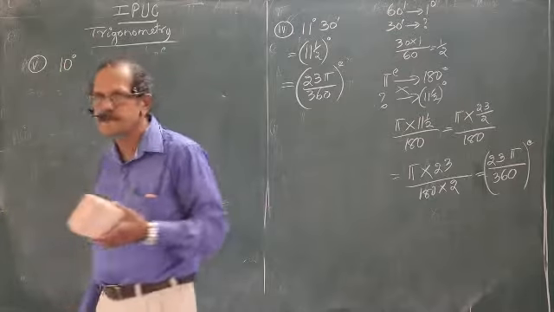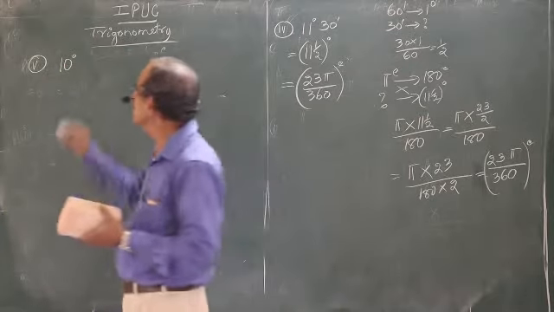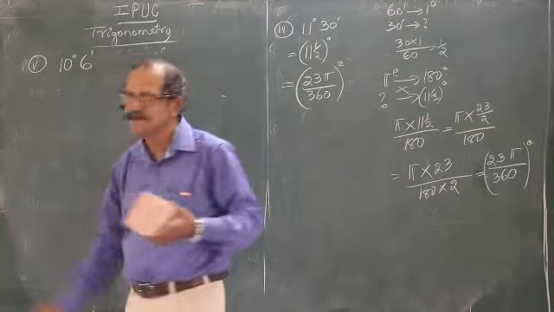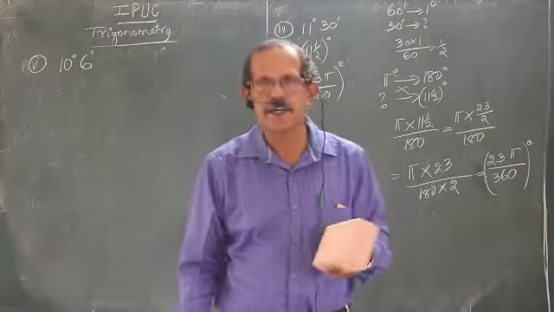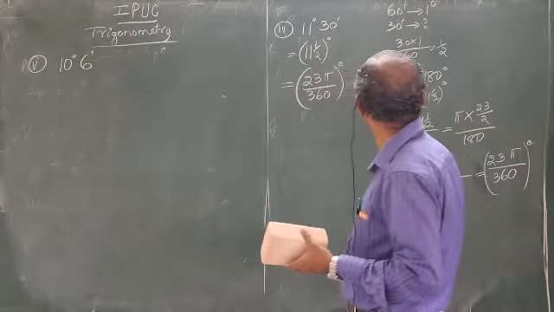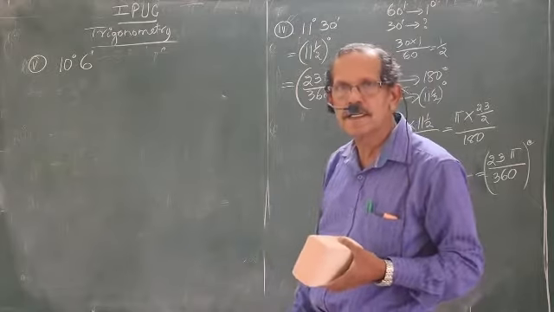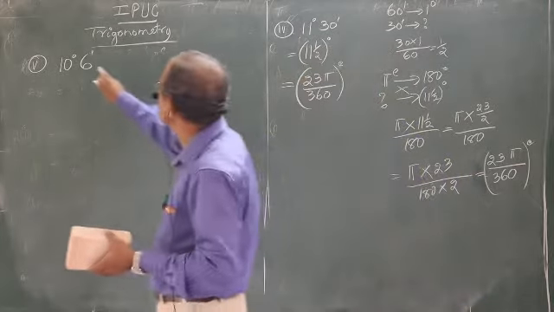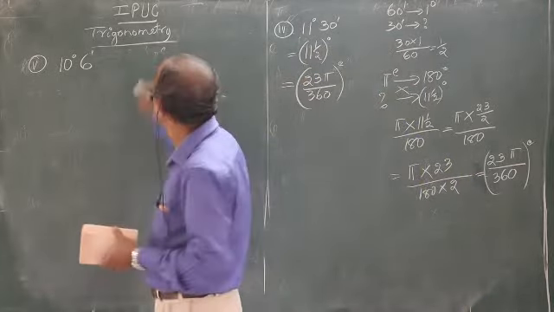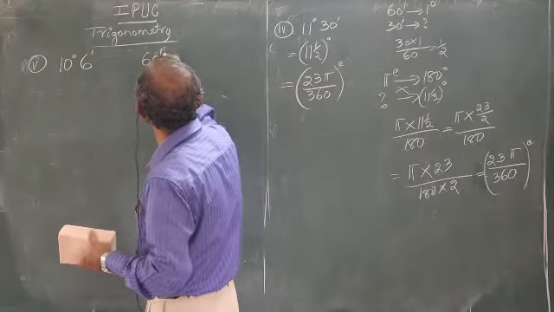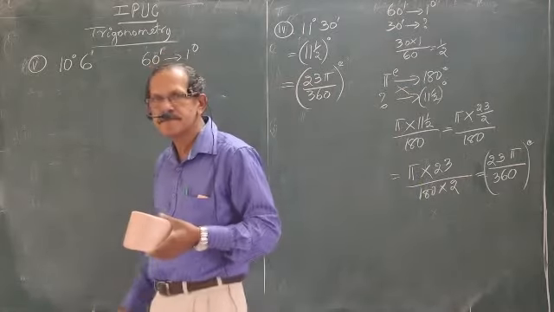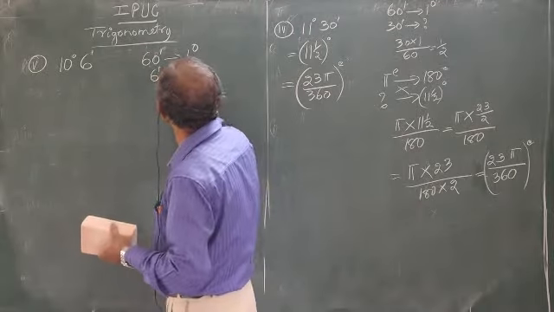10 degree 6 minutes. Need not be 30 minutes only, no? I can give 6 minutes. You know how to convert this minute into degree. 60 minutes, 1 degree. 6 minutes equal to how much?